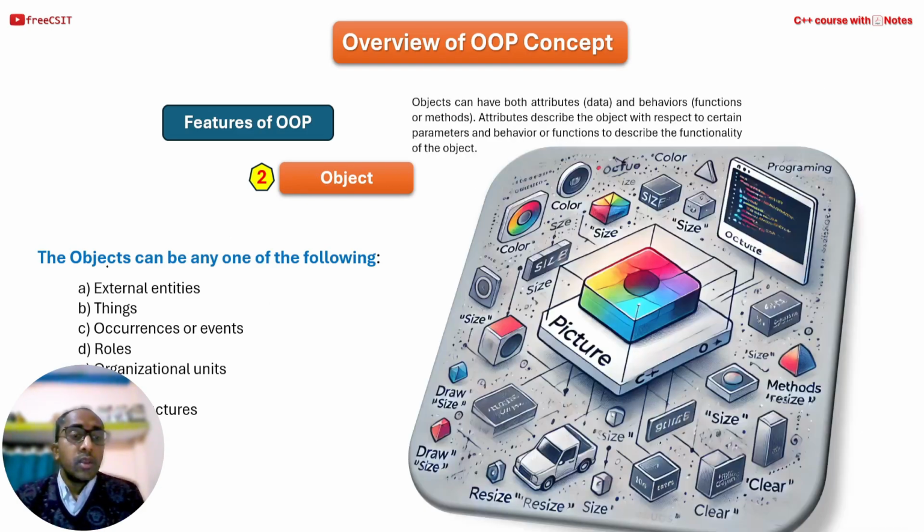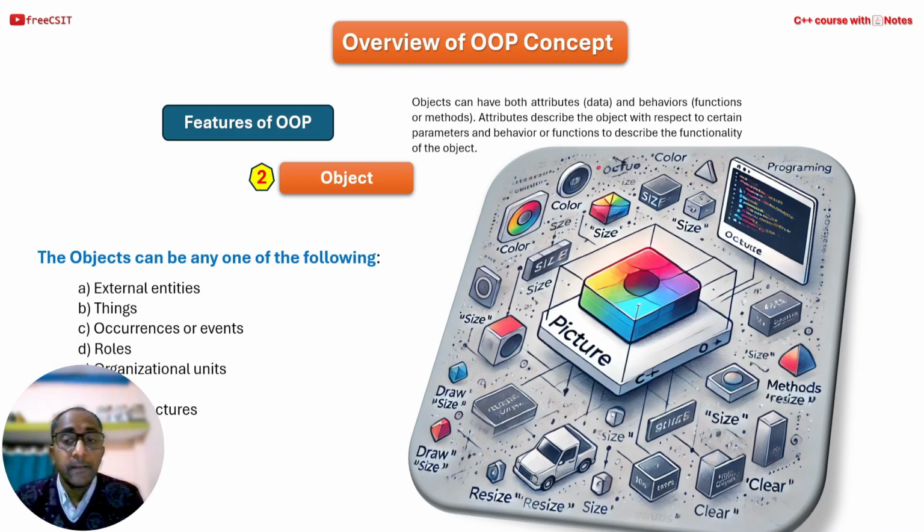So in this, just like you can say, objects, these are figures, a visual representation of the pictures. This is the picture of the object concept in C++.